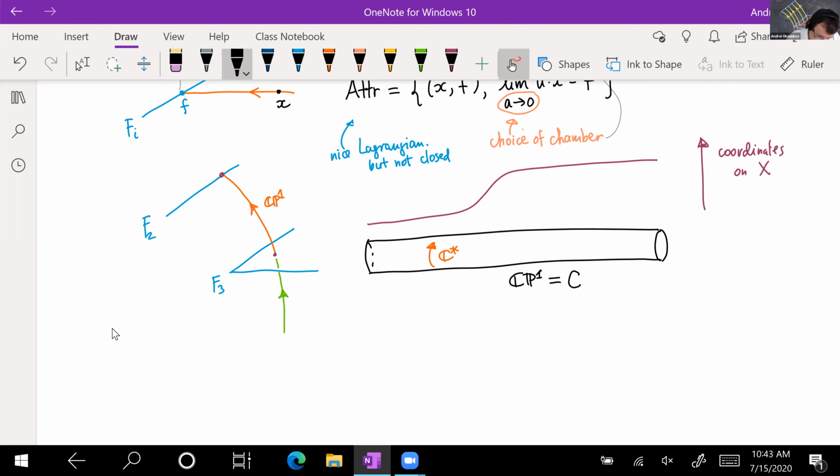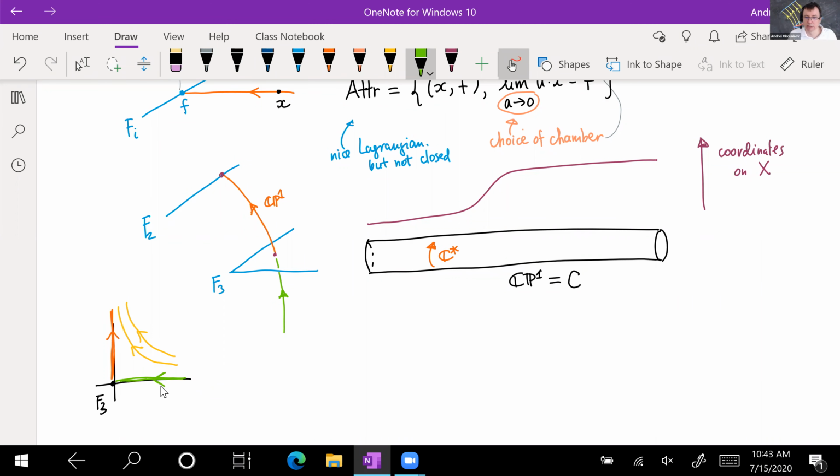The way it looks in local coordinates at my F3 is that I have some repelling trajectory that's going to hit F2, and then there are some nearby trajectories, maybe in yellow, that miss F3, but there is one that actually hits F3, and so we need to allow this kind of incoming thing.